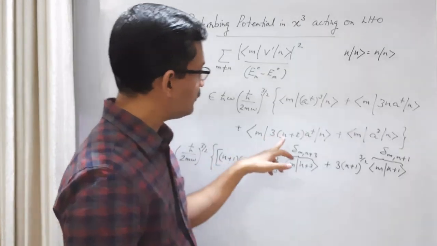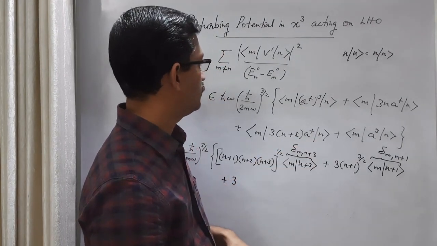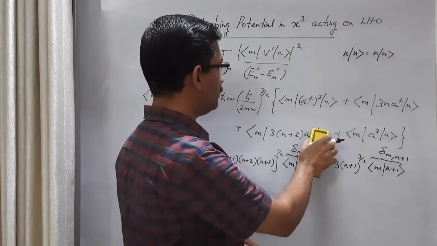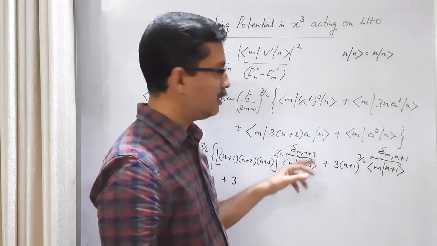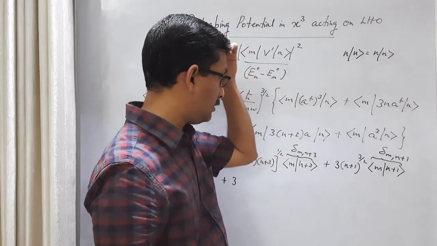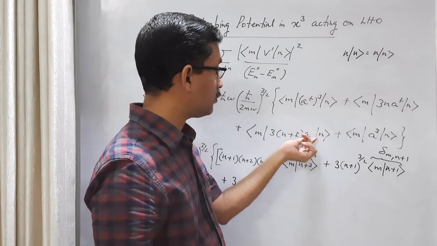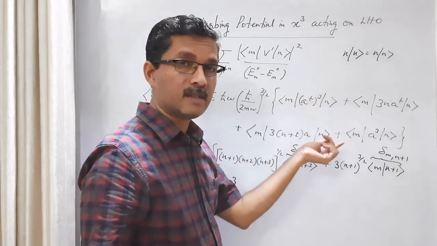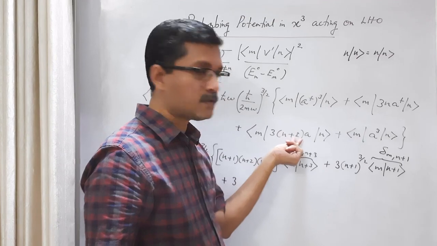So what you get is, I think, 3 into (N+I) into a. This is a†, whereas this is a. So when a acts on ket n, we have root n into ket n−1. When N+I acts on ket n−1, we have n−1+1.